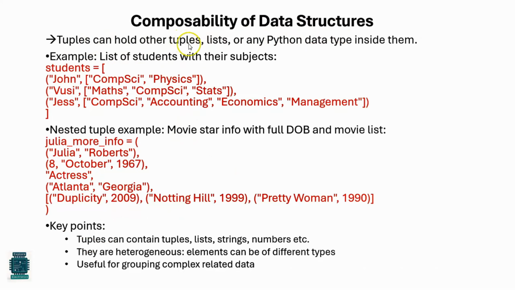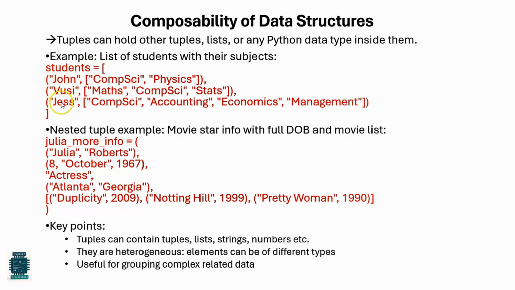Tuples can hold other tuples, lists, or any Python data type inside them. A tuple can hold any type of data, that is a tuple, list, or any Python data type inside a tuple. Let us see an example. List of students with their subjects. I have students here, which are John, Husi and Jess.